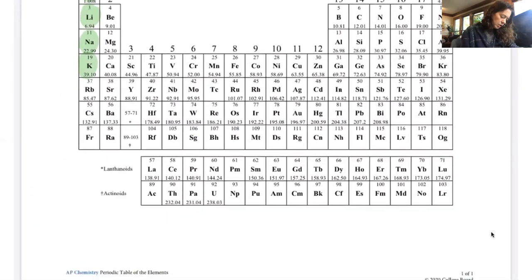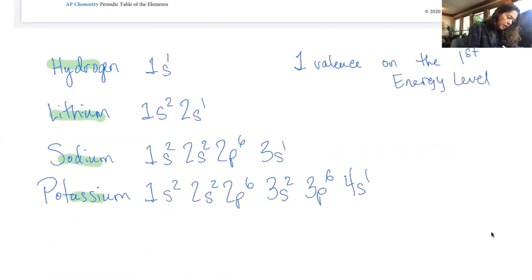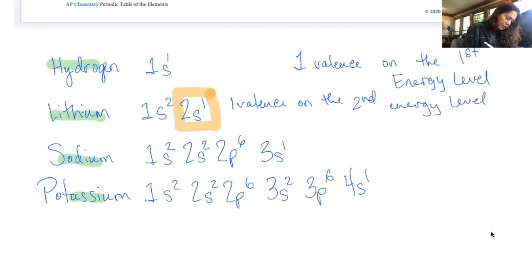Now, let's go back to this. This guy has 1 valence electron on the first energy level, right? Lithium has 1 valence electron on the second energy level, right?